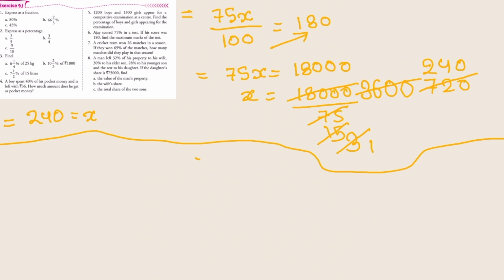Okay, now let's come to the next question. Question 7. A cricket team won 26 matches in a season. If they won 65% of the matches, how many matches did they play in that season?